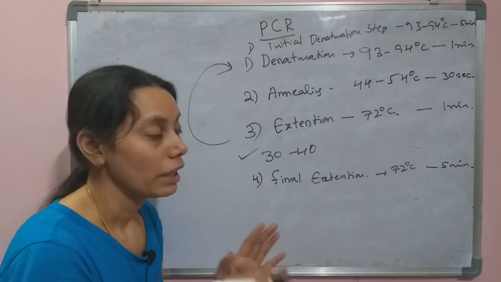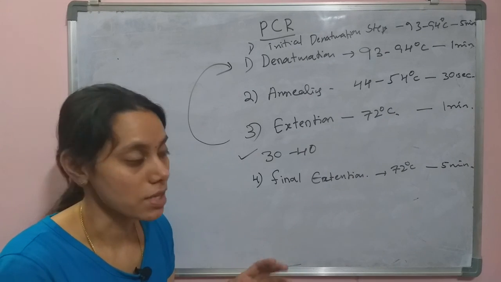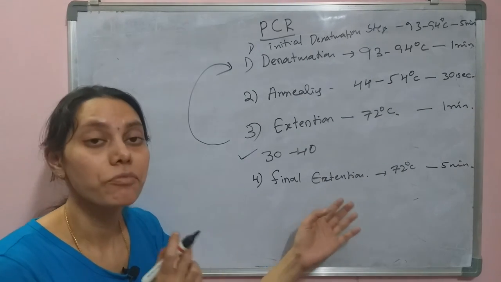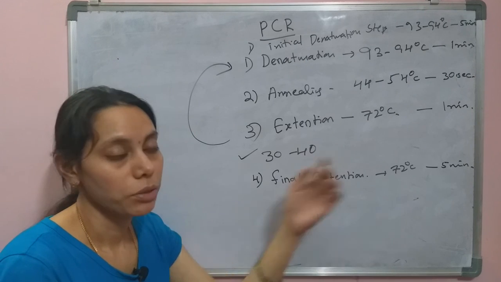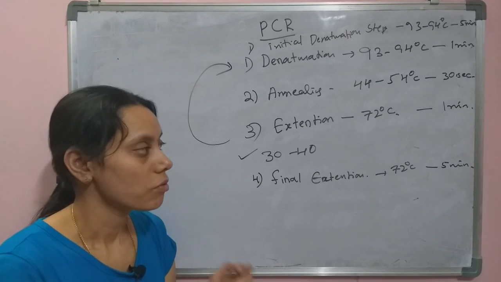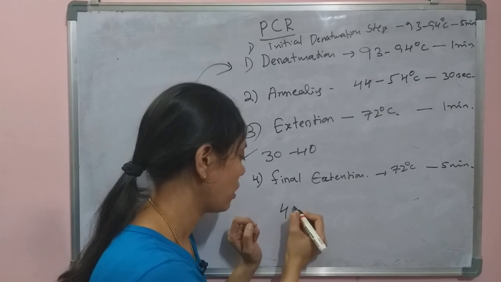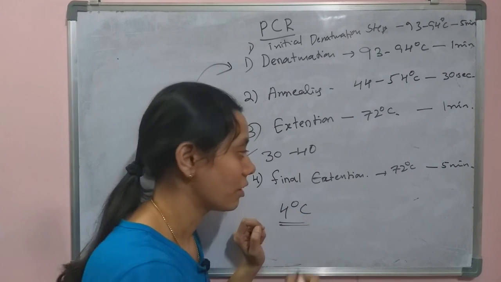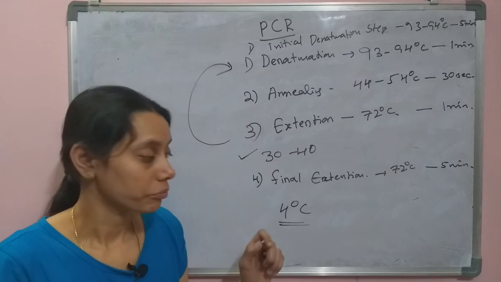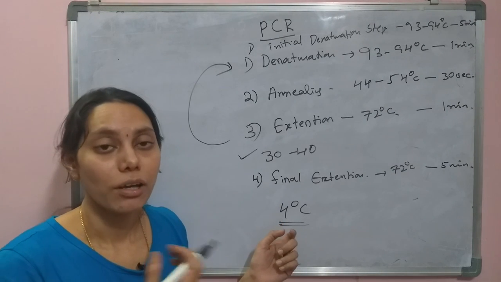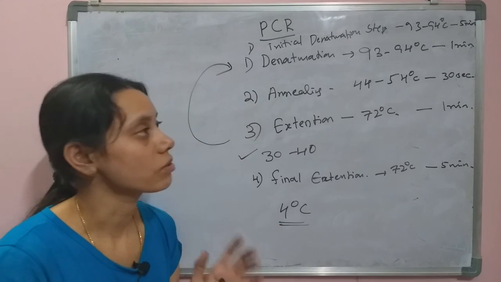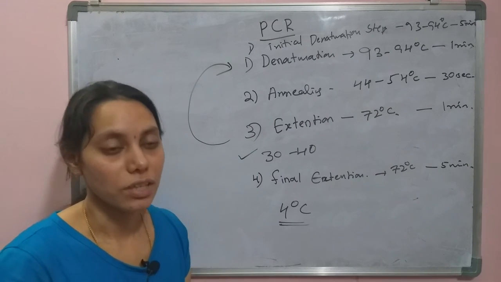Once all the DNA is synthesized, again we'll go for some final extension over a period of 5 minutes or so. Once this is finished, generally we store the reaction at 4 degrees centigrade until we go and pick up the sample. So that is how the PCR reaction will be generally carried out.